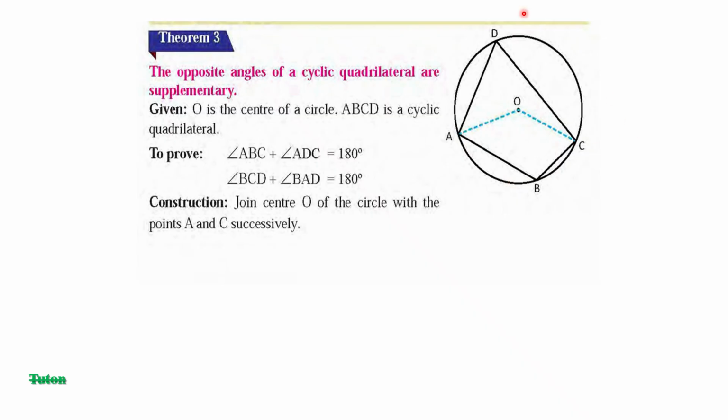Here ABCD is a cyclic quadrilateral, and we have to prove that angle ABC and angle ADC, summing up these two angles, we should get a supplementary angle or 180 degrees, and adding angle DAB and angle DCB, we should get a sum of 180 degrees. We have to prove this.